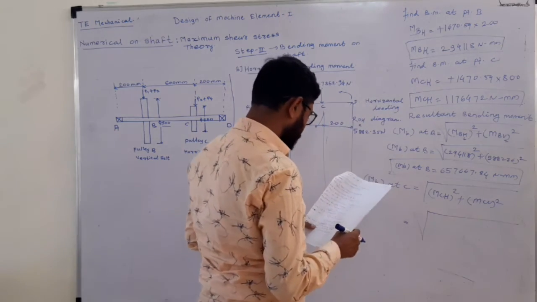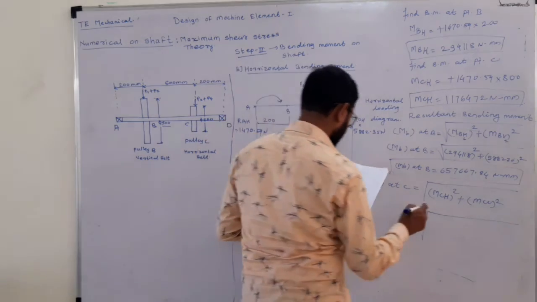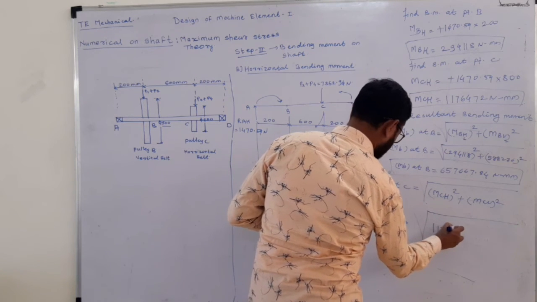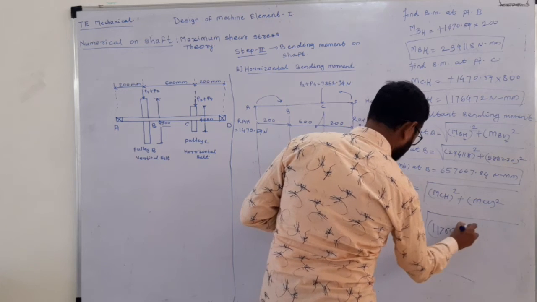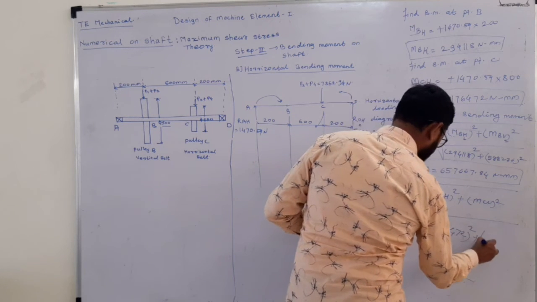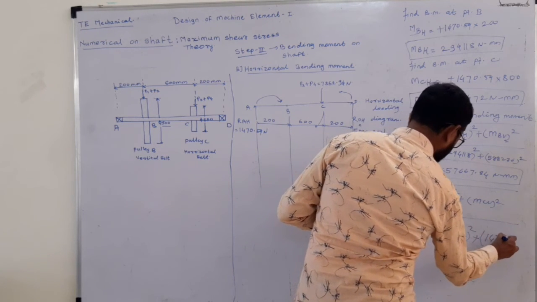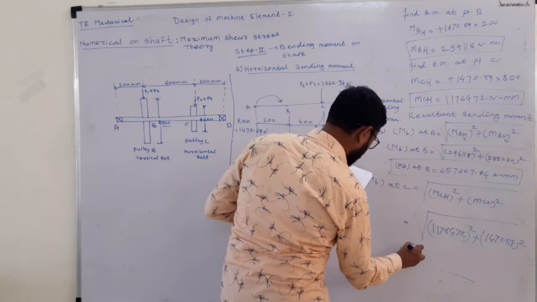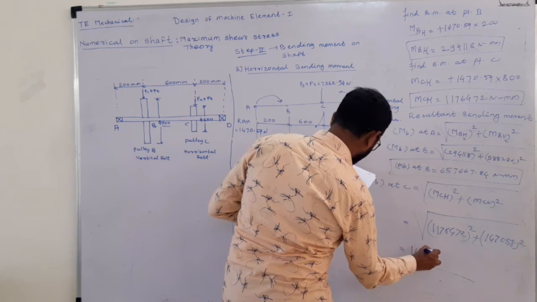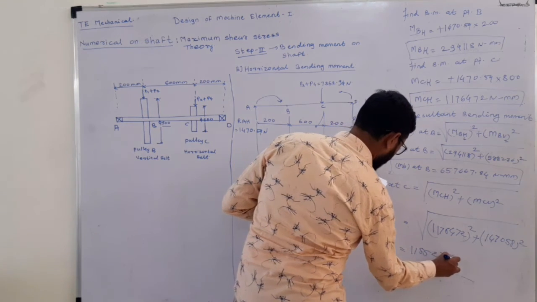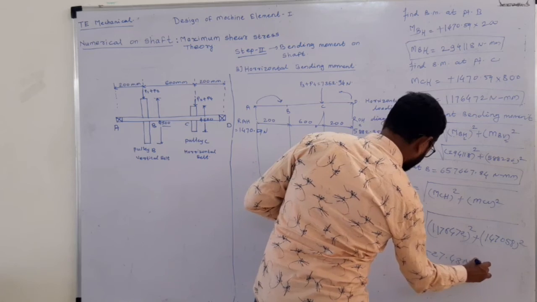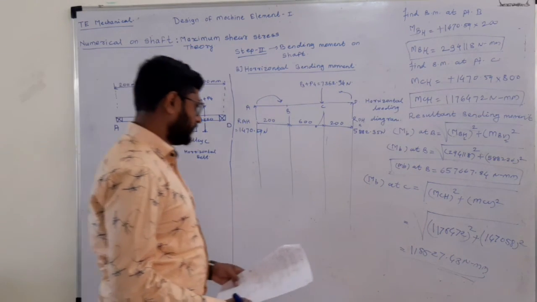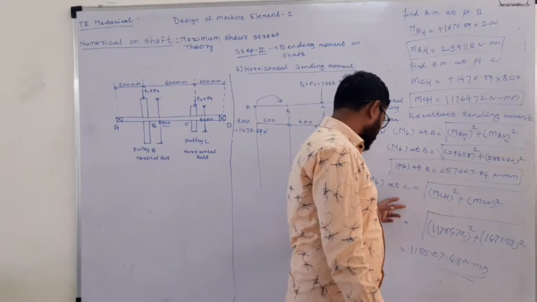Let's put the values of MCH and MCV, that is 1,176,472 and 1,470,58, that is 1,885,27.43 Newton mm.